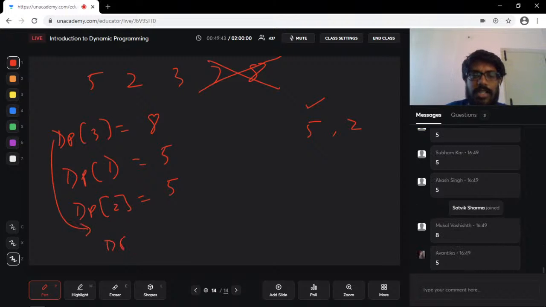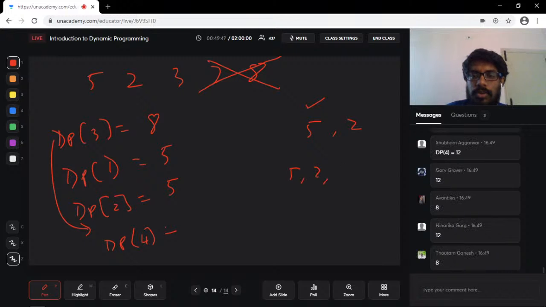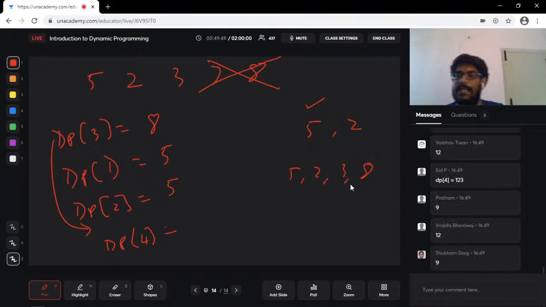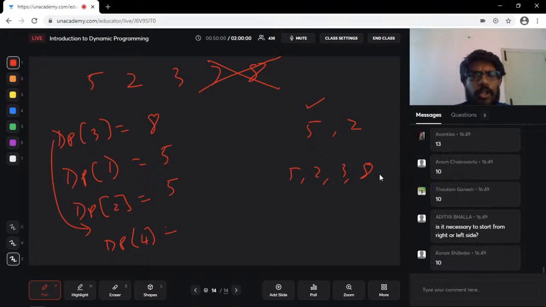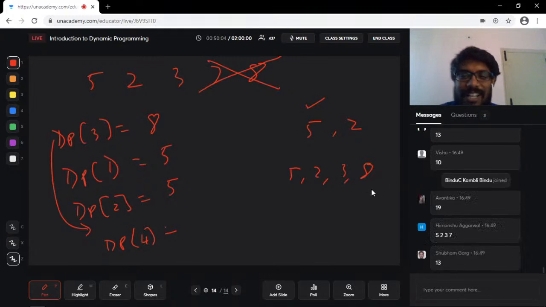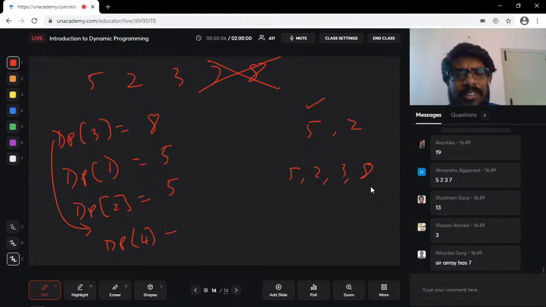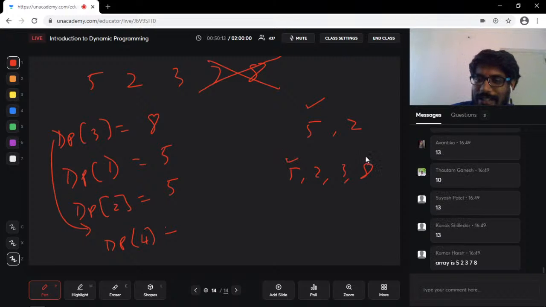Okay, and what is DP of 4? In DP of 4, I have 5, 2, 3, and 8. What is the answer for this? I don't see why people are saying 12. Suggests that your addition is bad. You can't even get 12 through any subset of this. If I'm right, it's 13, right? I'll pick 5 and 8.